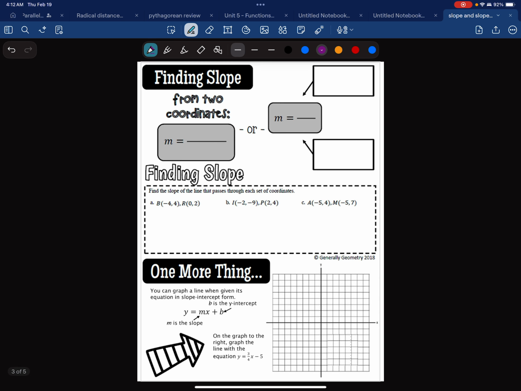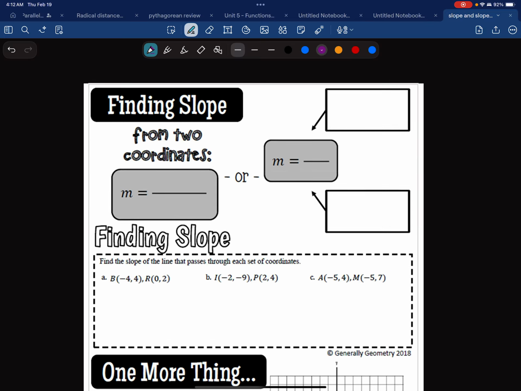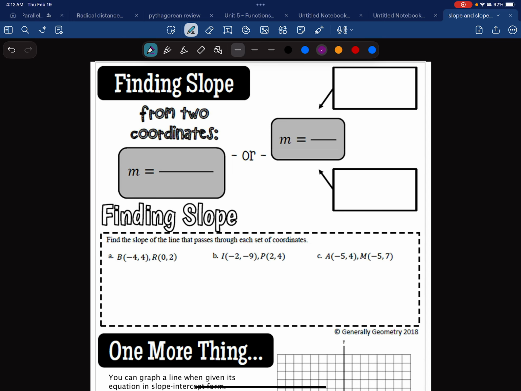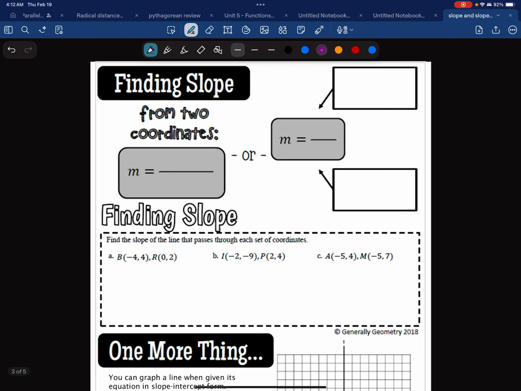All right, moving on. Another way to find slope is when you've been given 2 points. We know that slope is rise over run.